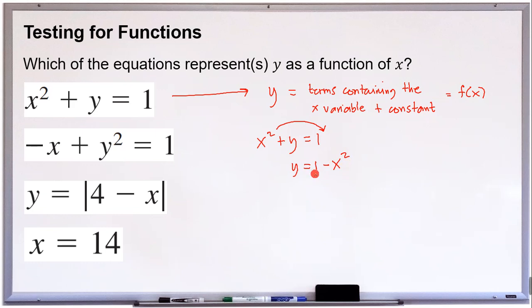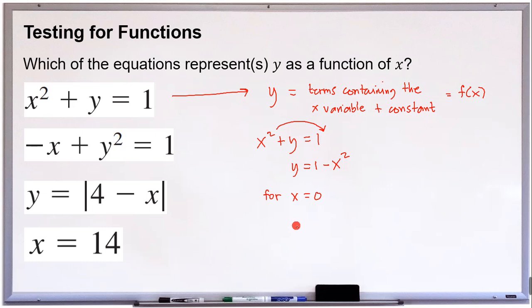In this form, we have just transferred the terms that contain the x variable and the constant to the right side of the equation. So we are now ready for the last step, in which we're going to assign some values of x. So let's say x is equal to 0.